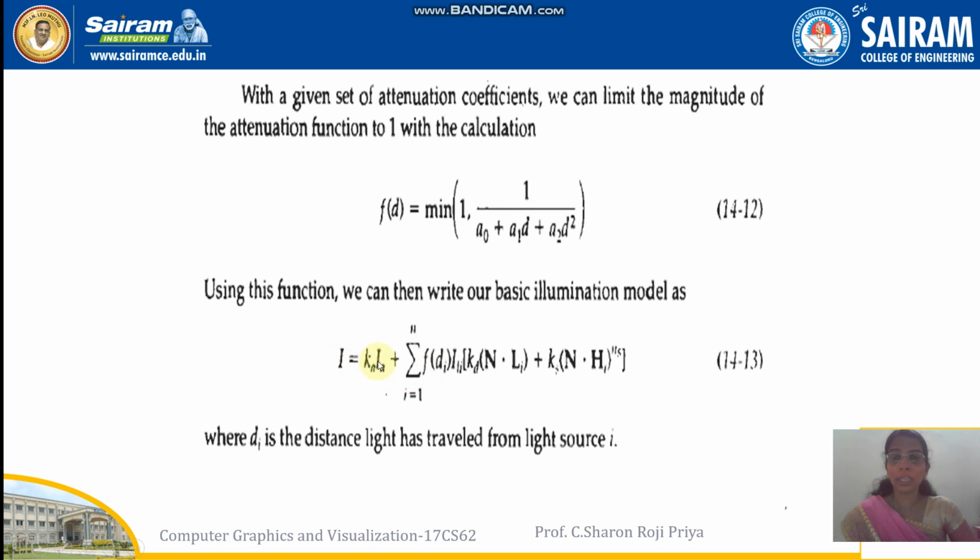I is equal to Ka Ia plus sigma, which is for n number of light sources, where f_d is the attenuation factor, times my diffuse equation plus my specular equation. This is the final Phong equation for specular reflection. Thank you.